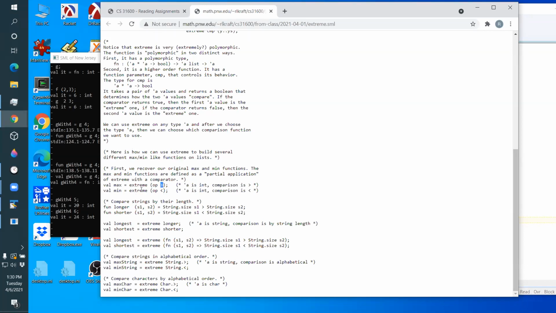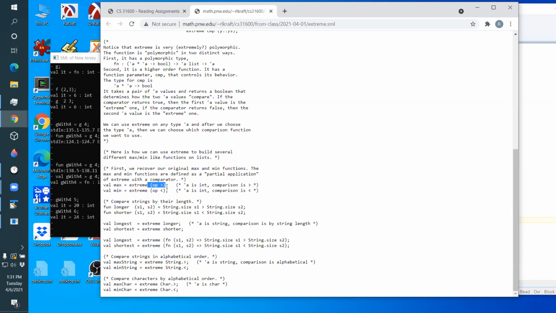Okay. ML does this a lot in its libraries. Lots of functions in ML are actually special cases of more general functions, where you special case the function by giving the general function, which is curried, some of its input parameters. So you give the curried function some of its input.